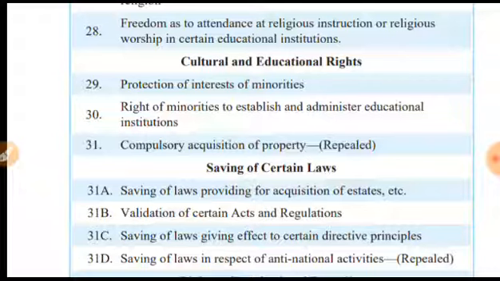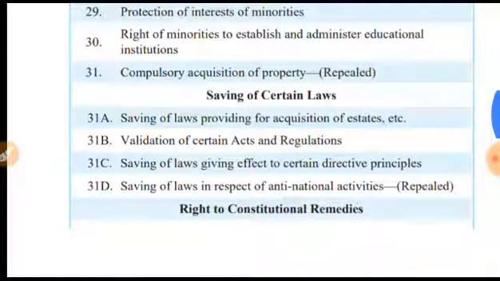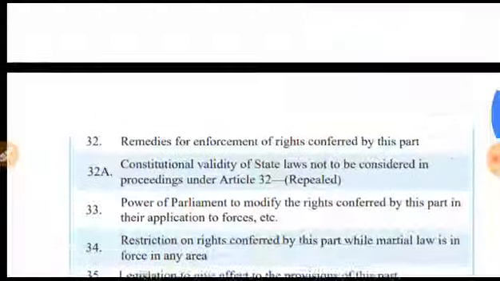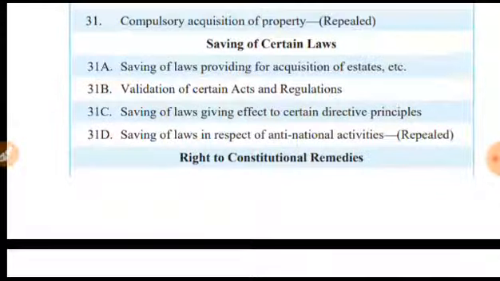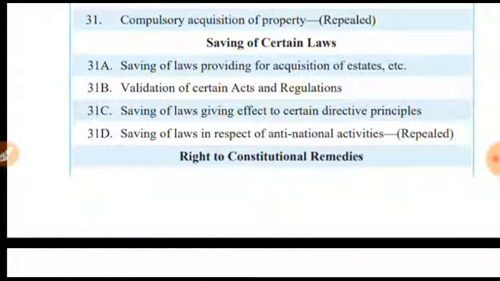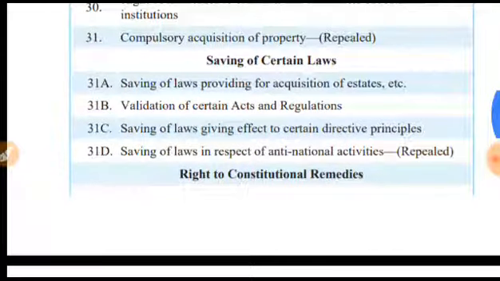Article 31 is compulsory acquisition of property, which is repealed. Next are the saving of certain laws: Article 31A, 31B, 31C, 31D. First is 31A, the saving of laws providing for acquisition of estates.